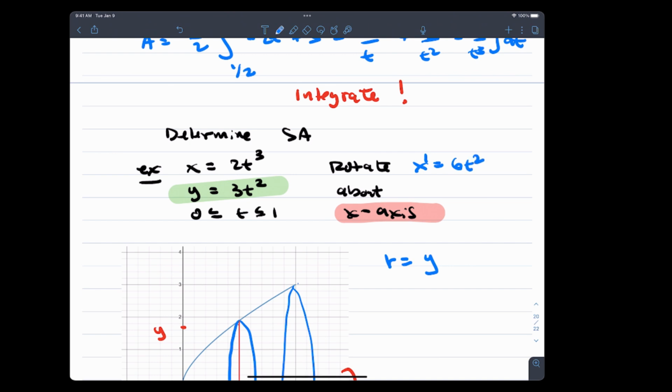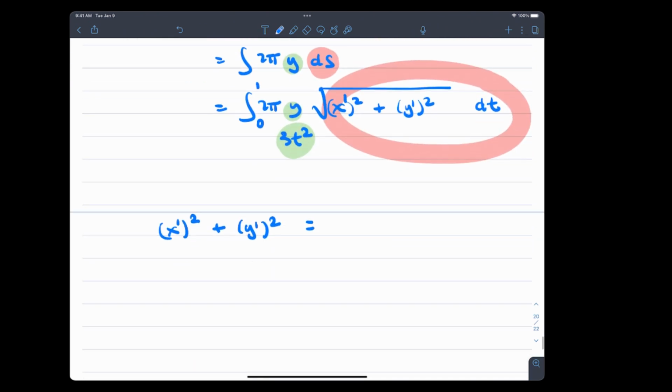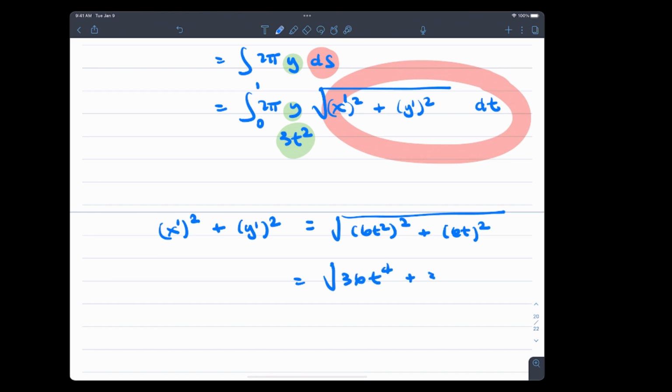Is that 6t squared? Okay. And what's your y prime going to be? 6t. So, the square root of (6t squared) squared plus (6t) squared. Square root of 36t to the 4th plus 36t squared here.